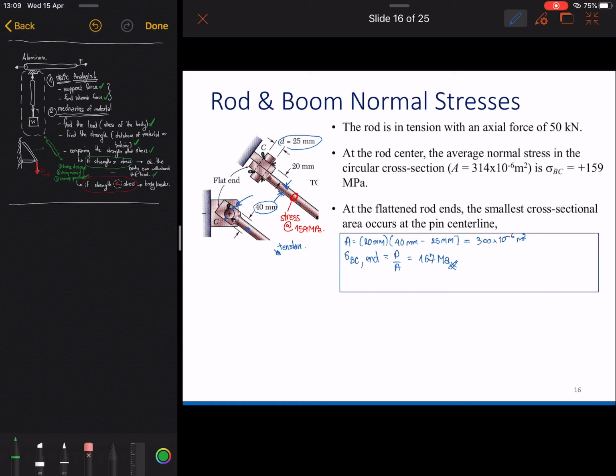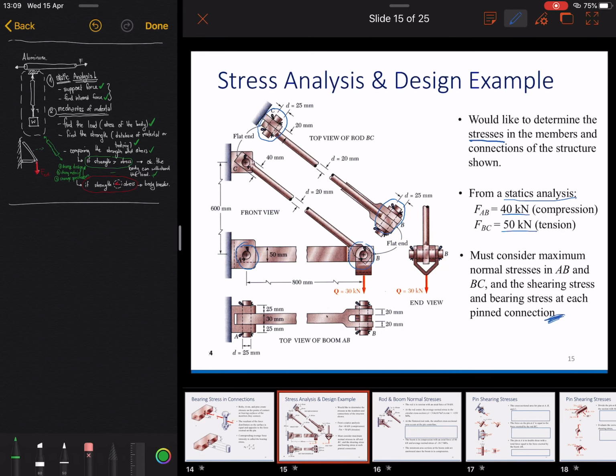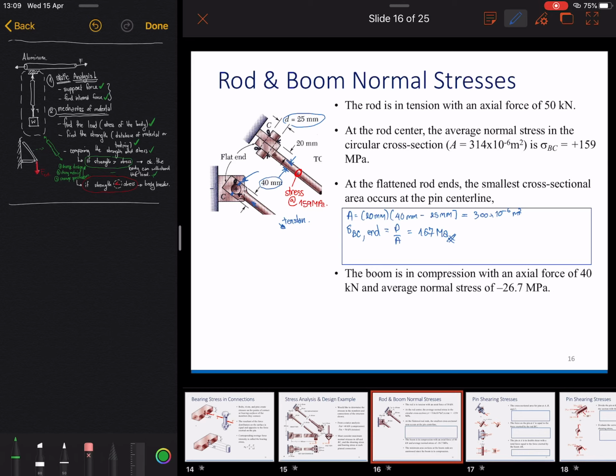And for the boom, I didn't have a picture for the boom, but you can see from the previous slide that we also got the compression stress, and the compression stress there is equal to negative 26.7 megapascal. You can also do this by yourself.